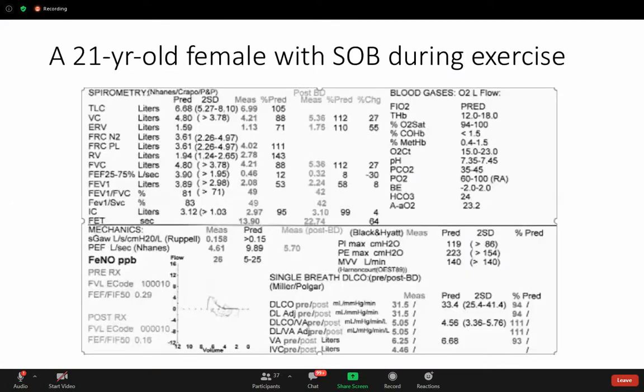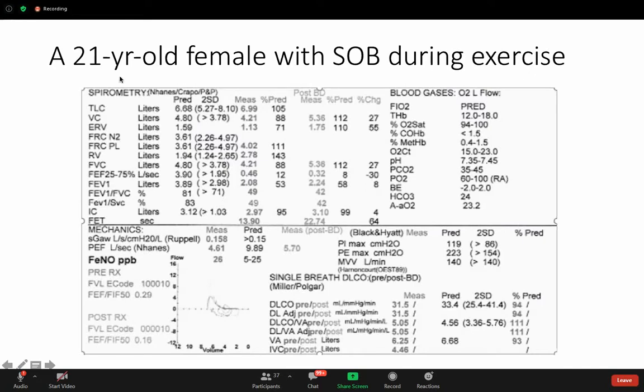So the VC here, the predicted is 4.8. She got a measured 4.22, so it's 88% of the predicted. So is this normal? Very close to normal, isn't it? Yeah, very close to normal.